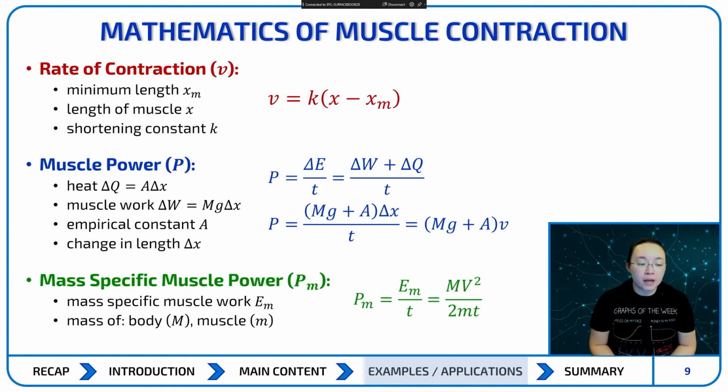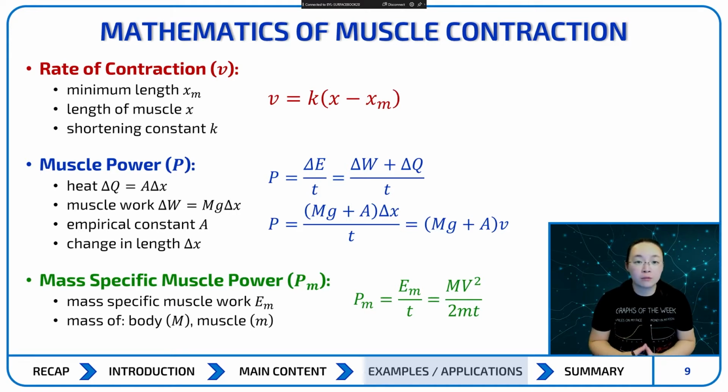So once you have that, you can figure out an equation for P. And so it's essentially V times mg plus A, a short form of it. And if you have muscle power and the total energy, you should be able to solve for the mass-specific muscle power. So in terms of the mass-specific muscle power, what we're looking at here is how much work a specific area of the muscle does.